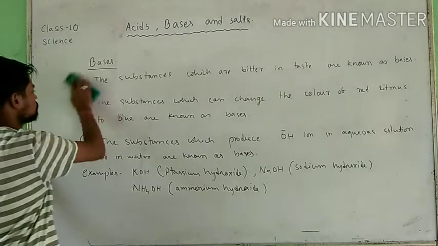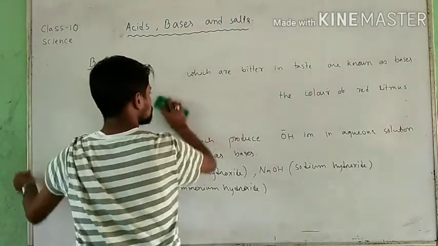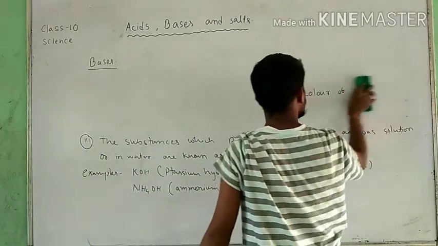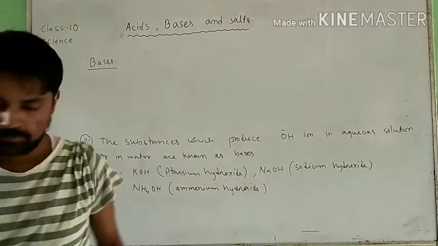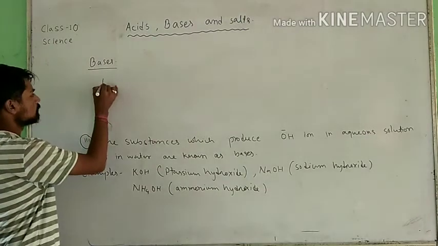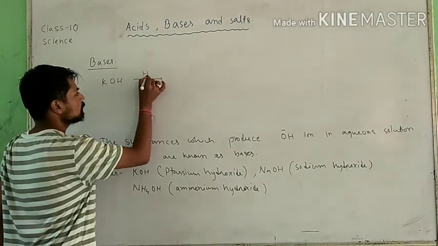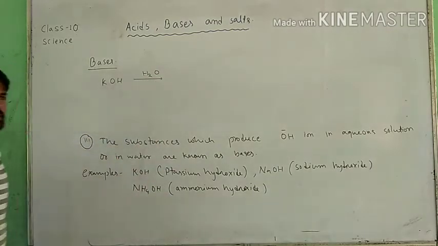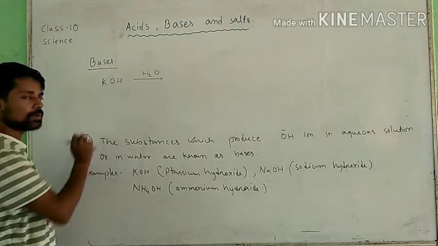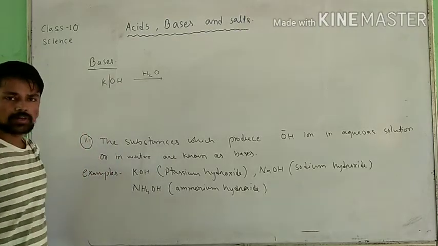Let us take the example of KOH, potassium hydroxide. When we add KOH with water, what happens? It breaks down in two parts. One part containing OH and another remaining part.